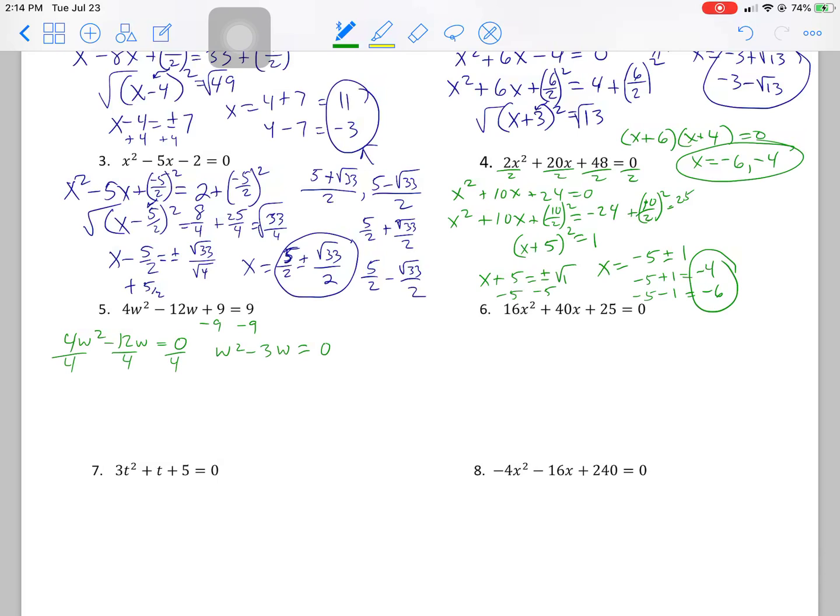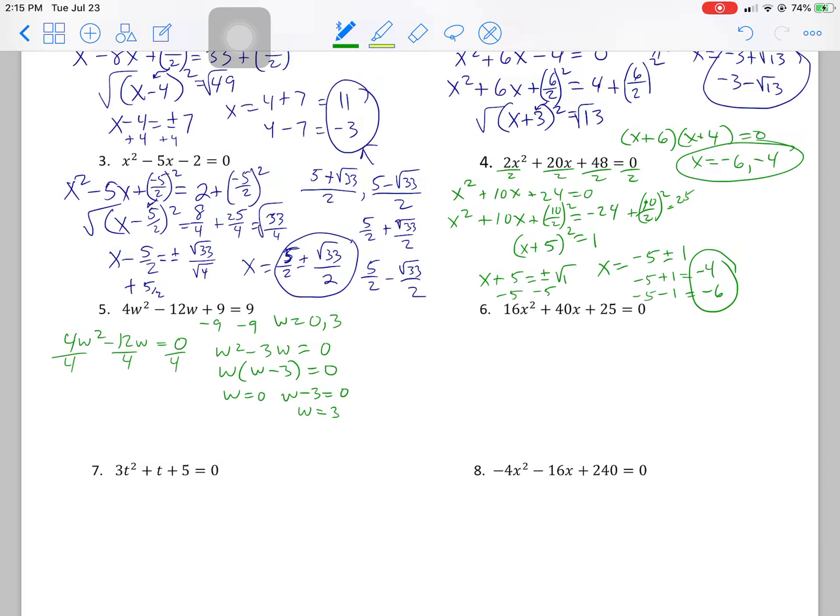Which seems like the really long way to do this one, because this would come out and use the 0 property. W equals 0 and 3.